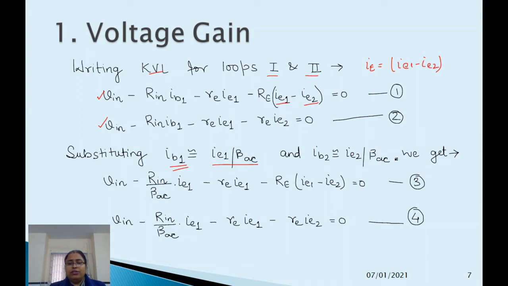So replacing all these IB1 and IB2 in these two equations, we get Vin minus Rin, with IB1 replaced by IE1 upon beta AC, and IB2 replaced by IE upon beta AC. So these two equations 1 and 2 are now converted to equations 3 and 4.